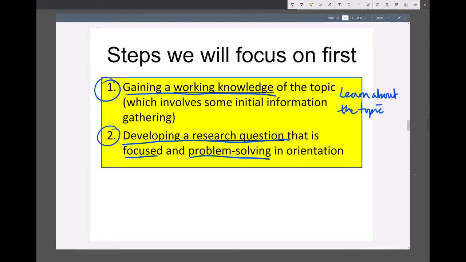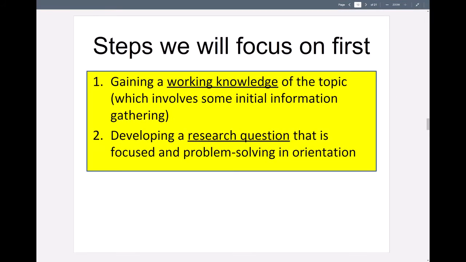So this means asking good research questions and choosing the best one about the topic. Okay, so we want to learn about the topic and ask good questions about the topic. So let's begin.